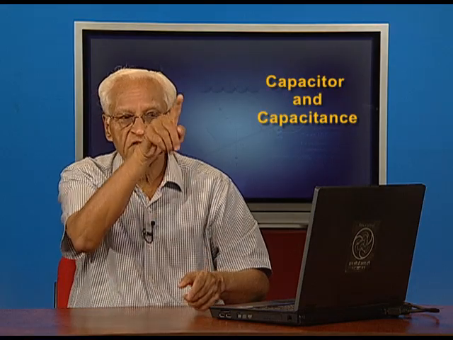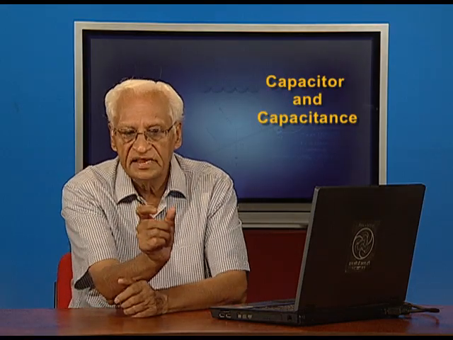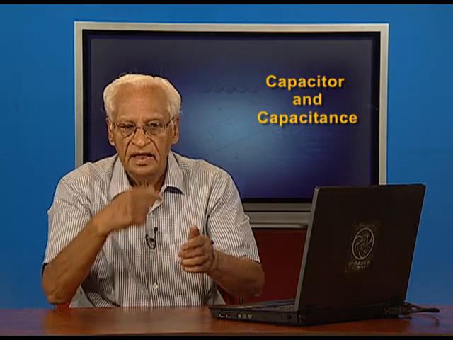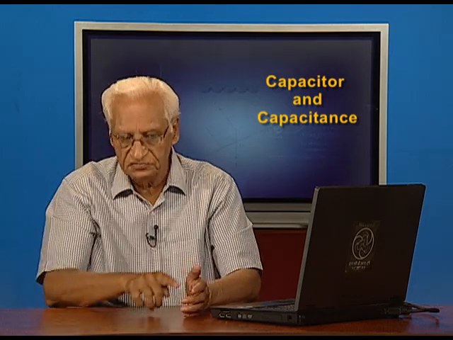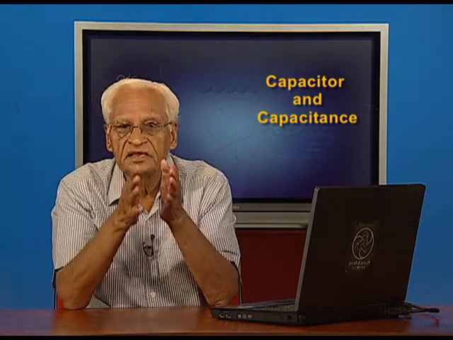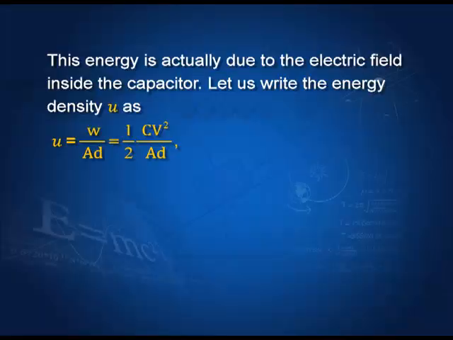A is the area of the plate and d is the distance. Therefore, A times d is the volume of the capacitor. So, therefore, the energy per unit volume is W by A d, which we have called U, and it is half C V squared by A d.